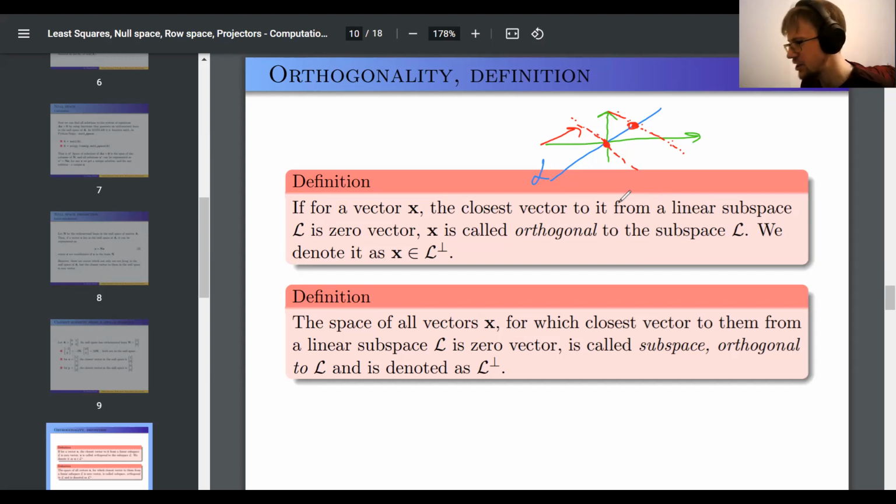The reason we have this word sub is because you usually have Rn, for example, as the ambient space, and anything that is kind of inside Rn would be its subspace. This is space. This is a subspace.